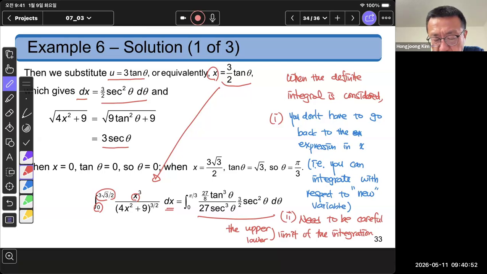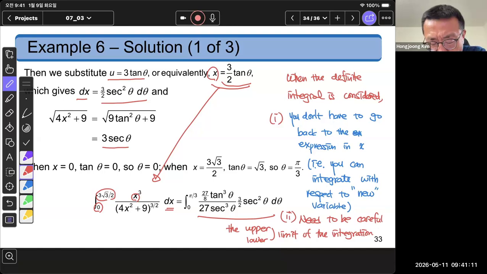So when you introduce a new variable, theta, you need to find appropriate values for theta which correspond to the upper and lower limit of the x variable.